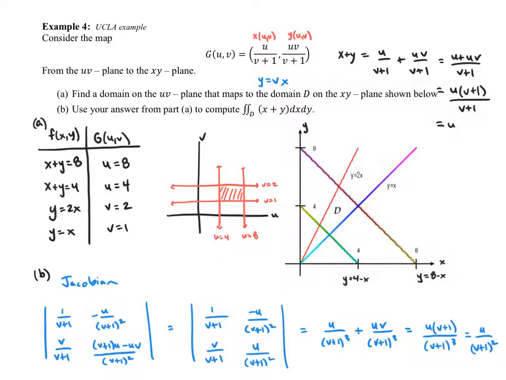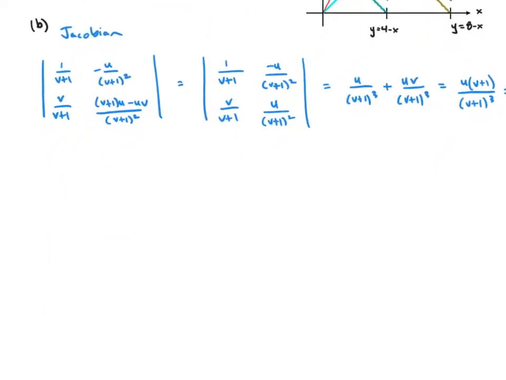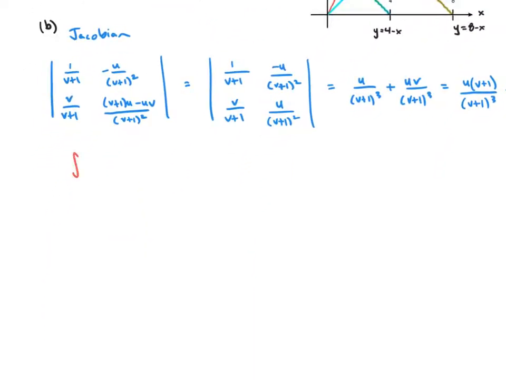Okay, now what we're going to do is take our double integral, and it is the double integral over D of x plus y, which that part looks pretty simple. However, if you remember, D is a pretty complex region, so that's one of the reasons for using change of variables. And then we're going to transform this into a double integral of u and v.